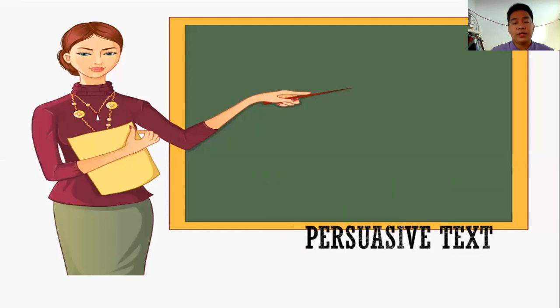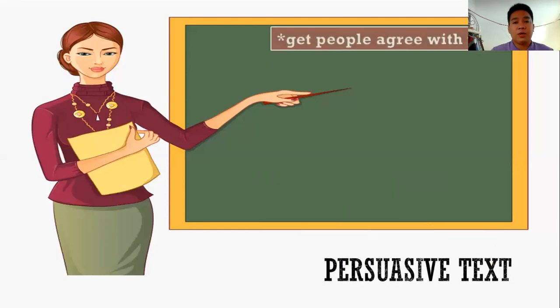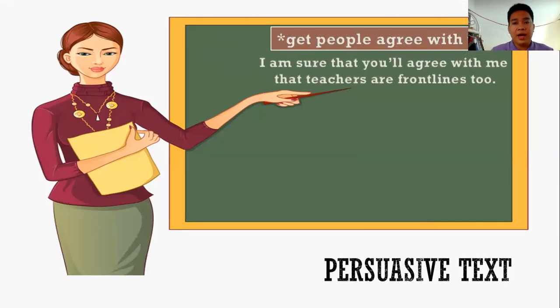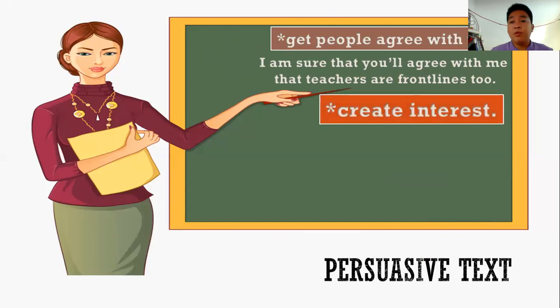A persuasive text, you have to get people to agree with you. For example, I am sure that you'll agree with me that the teachers are frontliners too. Another one is you have to create interest. Example, gardening is a great hobby.